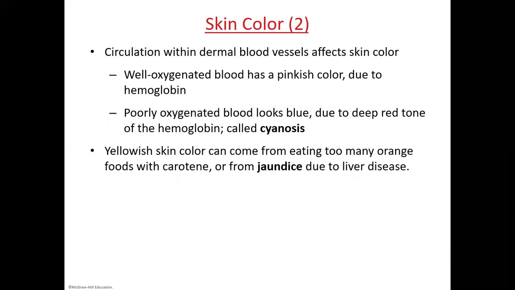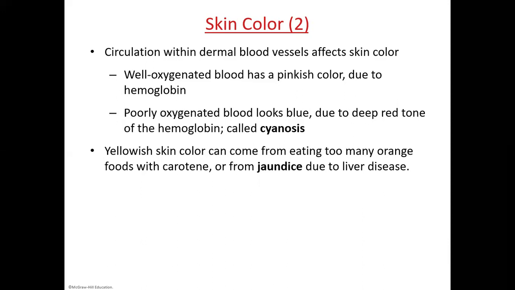So aside from the melanin, your skin also should have a reddish or pinkish hue that comes from the blood supply found in the dermis and the hypodermis. All blood is red, even if it's coming from a vein. It's a brighter, more vivid red if there's oxygen in that blood, and that is what you should see in a healthy person who has a high oxygen concentration level in their blood.